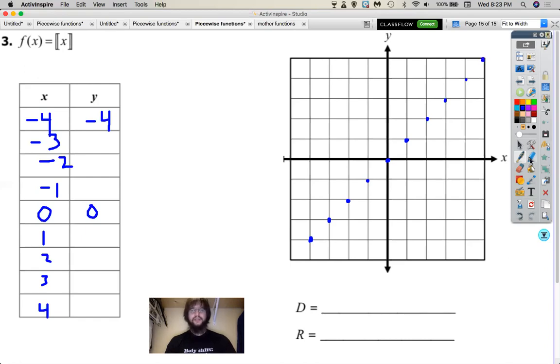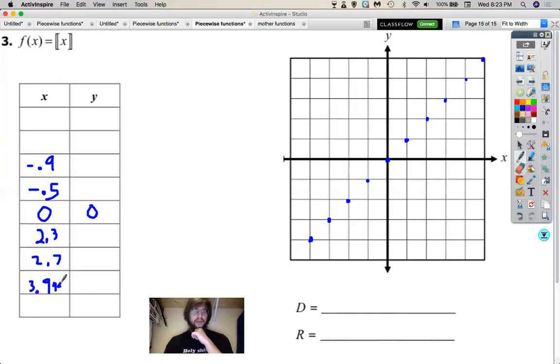Not if you choose some different numbers to test. Okay, instead of -1, what if we do -0.5? And -0.9. Ooh, what if we do 2.3 and 2.7 and 3.99999, who cares how many nines.